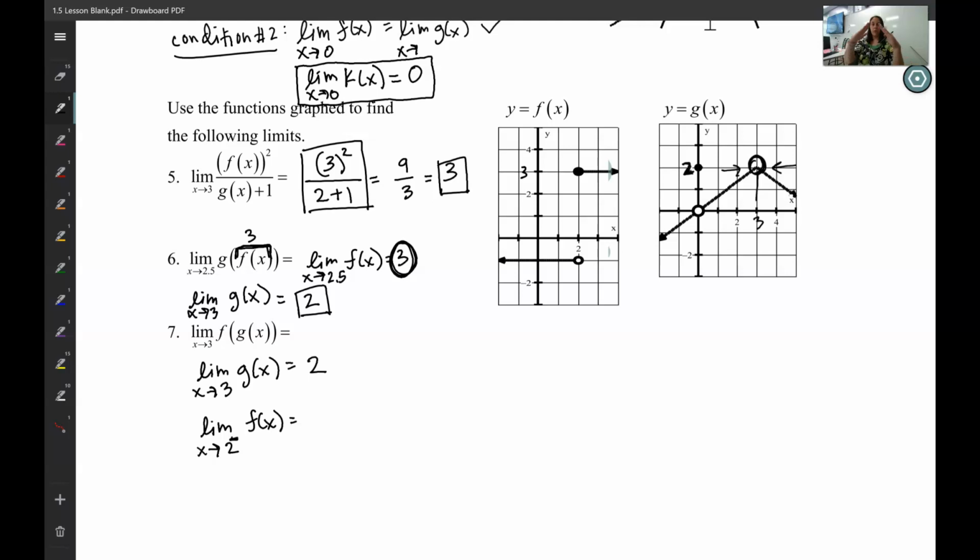Because it's coming from below on both sides, we need to substitute that in below. So for this f of x, I'm only looking at the left of 2. So that would mean I want that point, -1.